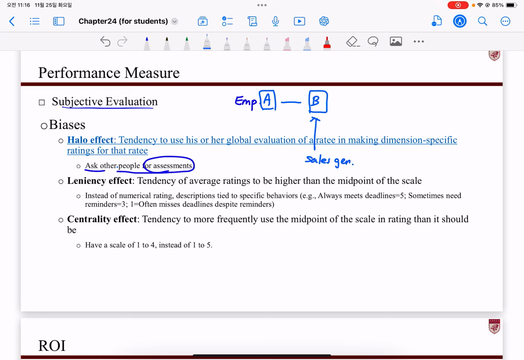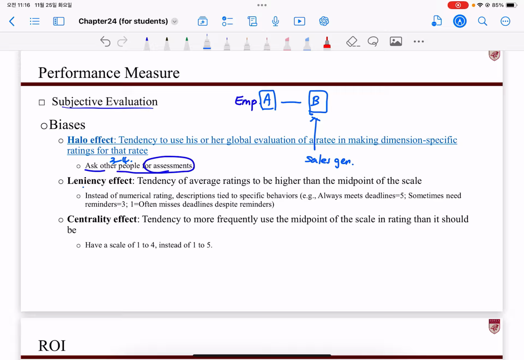So if you ask 3-4 people and there are common reviews saying B is a better sales generator, then you should apply that in your subjective evaluation.